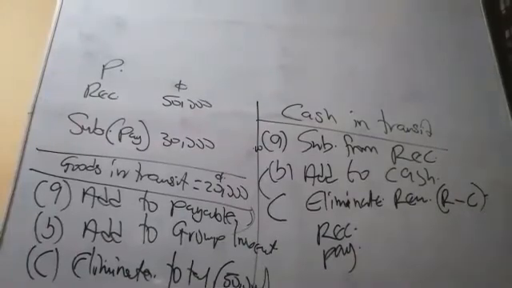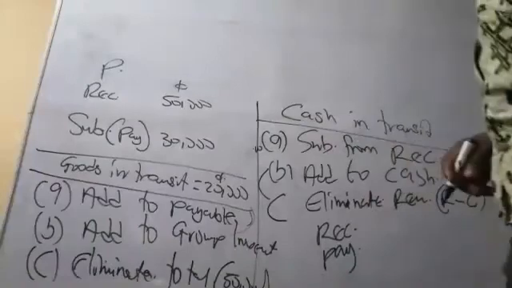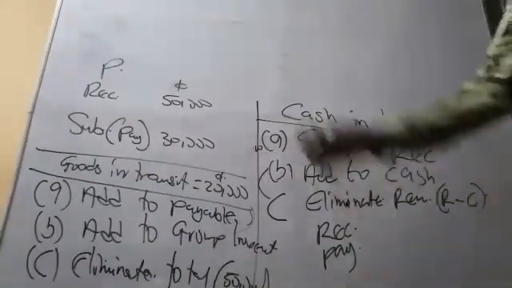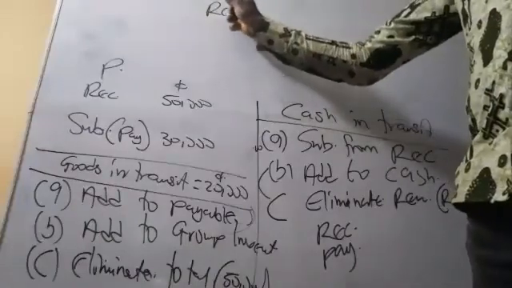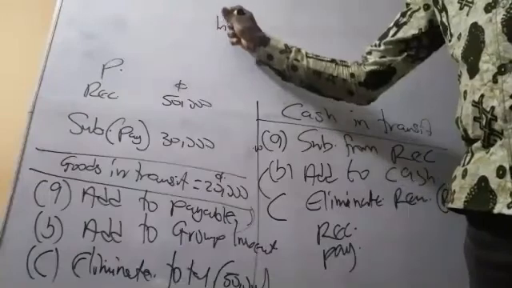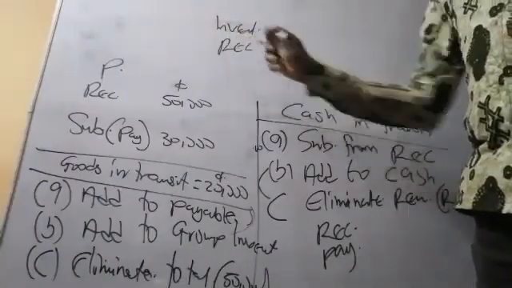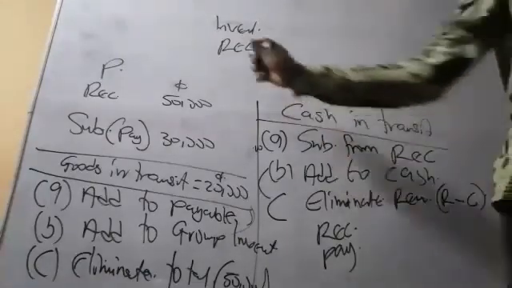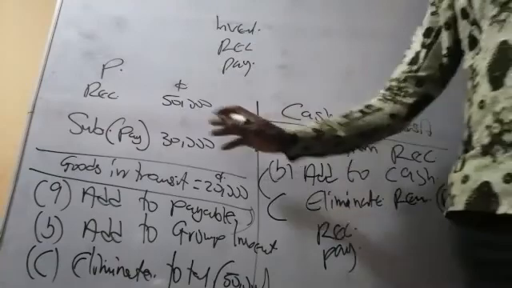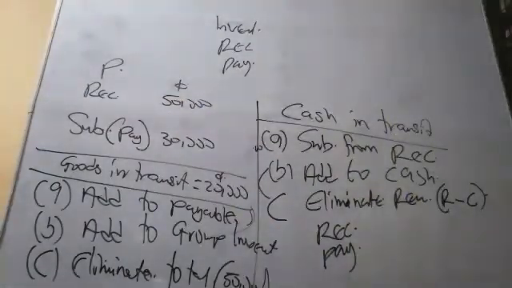Okay, so here the treatment will look like this. Goods in transit. So it will be receivable. Inventory first. Let me record the inventory first. So group inventory, receivable, what again? Then the payable. So here we said that assume the subsidiary has received the goods, the 20,000.